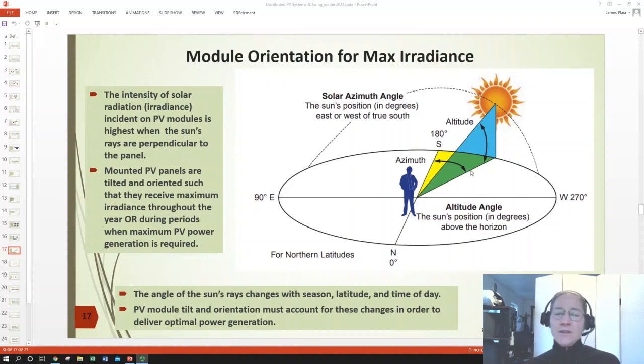So the angle that the sun is positioned relative to you around the compass, north, south, east, west, is known as azimuth angle, and the vertical angle, how high the sun is in the sky, is known as altitude. So you can think of going to high altitude, you're going vertically. Altitude angle is how high you are.